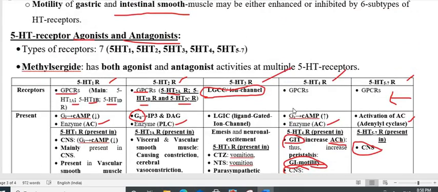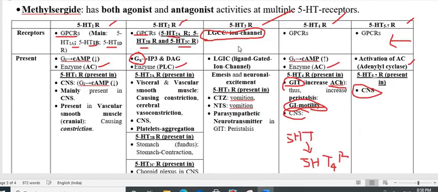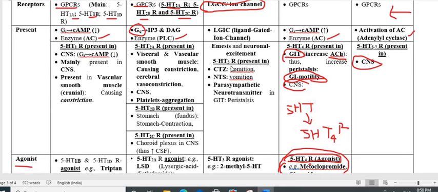Now we have to go through the 5-HT3 receptor. That is not a GPCR. It is a ligand-gated cation channel, a ligand-gated ion channel. As we mentioned earlier, this 5-HT3 receptor is present in the chemoreceptor trigger zone and in the nucleus tractus solitarius, and when 5-HT acts on the 5-HT3 receptor present on the CTZ and NTS, it induces vomiting or emesis.